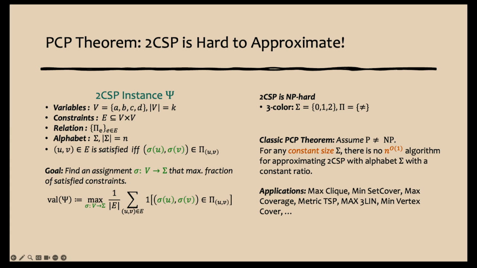The classic PCP theorem says that, assuming P does not equal NP, for every constant alphabet size, there is no polynomial time algorithm that can approximate 2CSP within a constant ratio. It has wide applications to inapproximability in the NP world, for example max clique, set cover, max coverage, TSP, and so on.